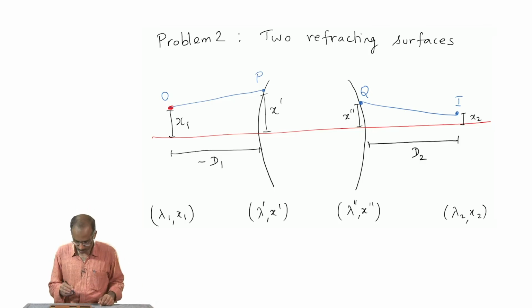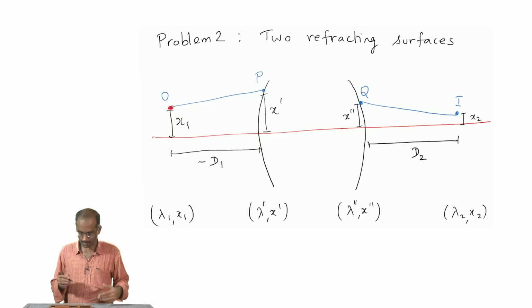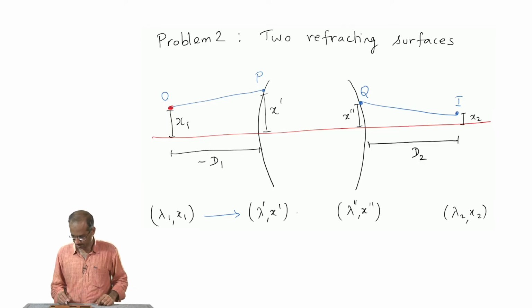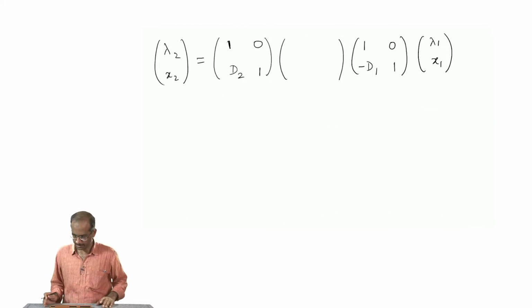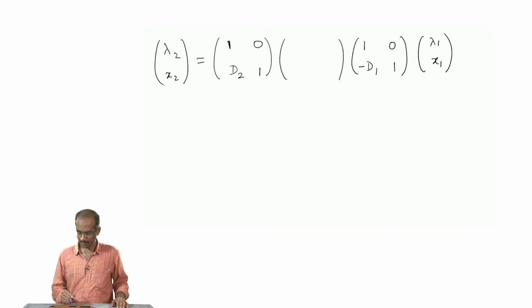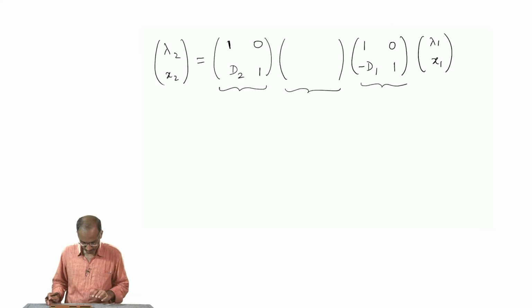Now, I will not go through these calculations in detail, because it is nearly similar to what we did. We have one translation, then there is a refraction and a translation. Here I have written the matrix equation. Clearly you can see this part which is translation, another one which is translation, and we are relating lambda 2 x 2 to lambda 2 x 1, but this one I have left empty, I am going to fill it up now.